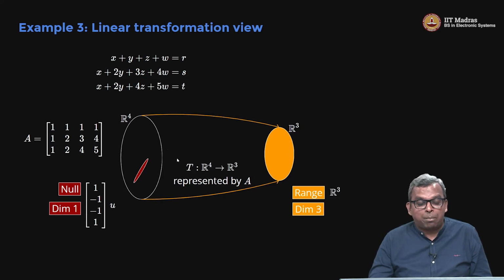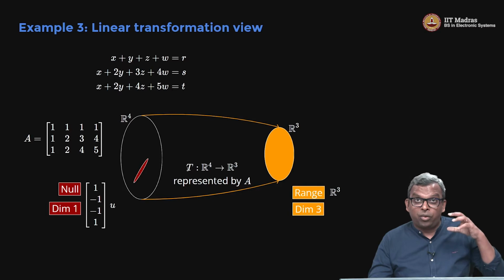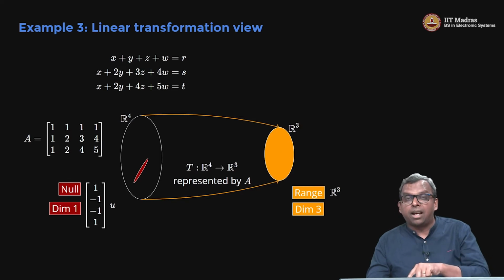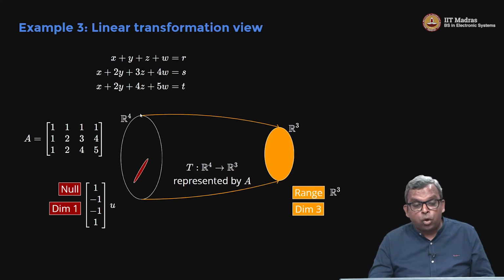What happens when you transform with T, which is represented by this matrix A? My range is the entire R3, which means the entire R4 is going to go to the entire R3. That's the picture, and I've shown that through this yellowish, orangish shaded color.